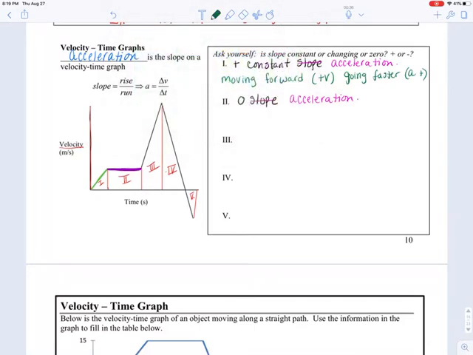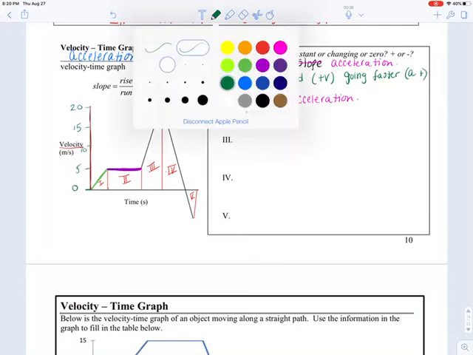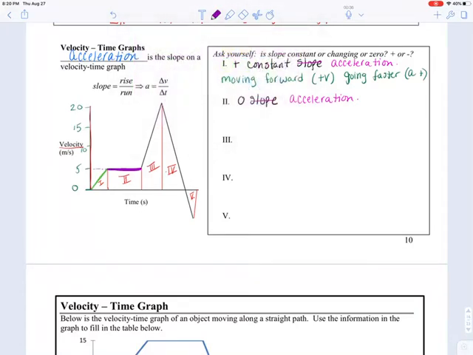The only time on this graph that I'm not moving is if I'm on the 0 place on the y-axis. Okay, if I were to just put some arbitrary numbers in here, you will see that the only time that an object stops is if its velocity is 0. But in section 2, the velocity is not 0. The velocity is 5.